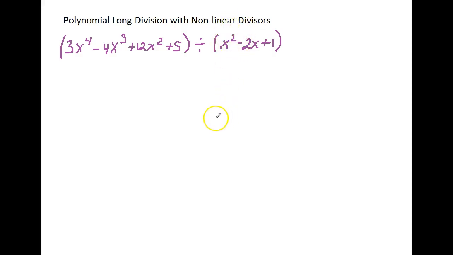Now anywhere that there are missing factors, like here, there's no x to the first power, you have to put in the missing factor. It's like a place value that's missing. You have to have something to hold the place value. Just like, for example, if I were writing the number 302, I have to write it as 302.